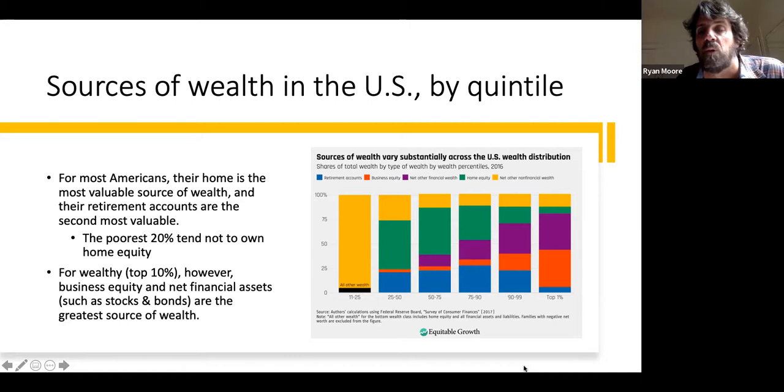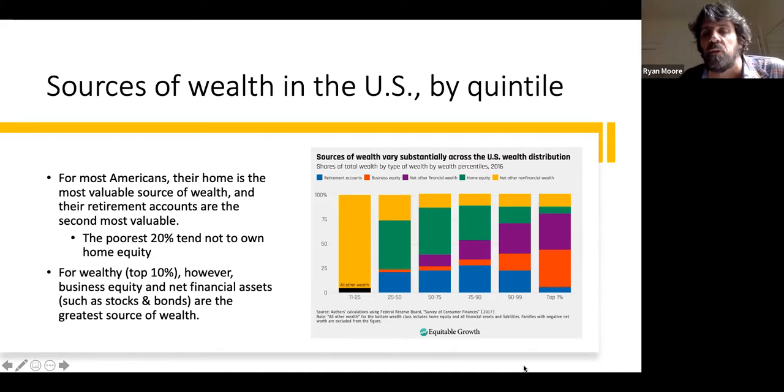At the poorest 25%, those people are most likely not to own homes, so maybe their most valuable asset is their car or their savings account, or just the things that they own.